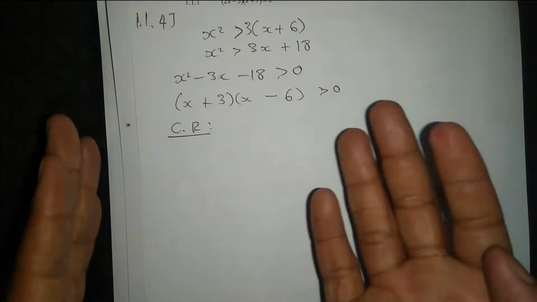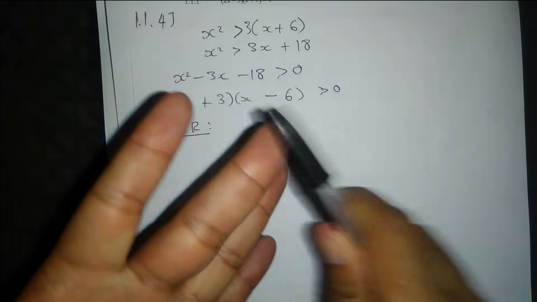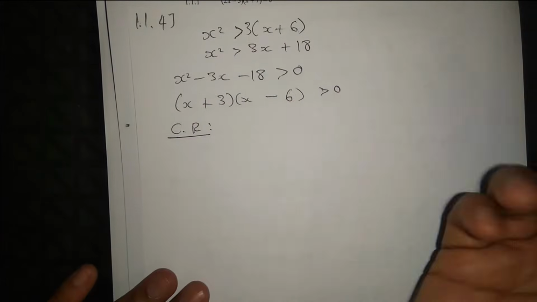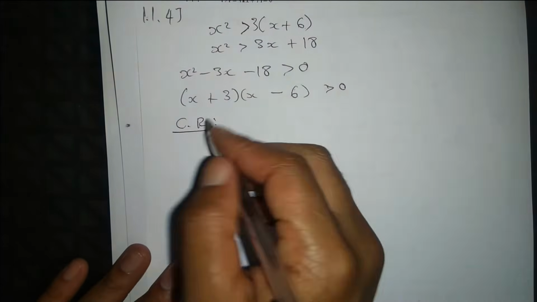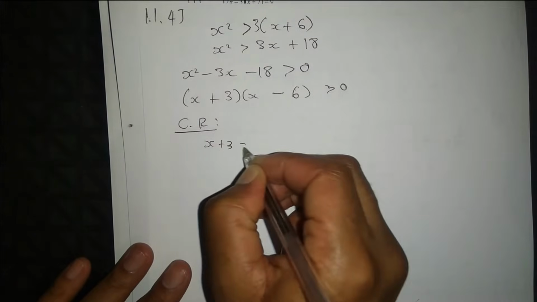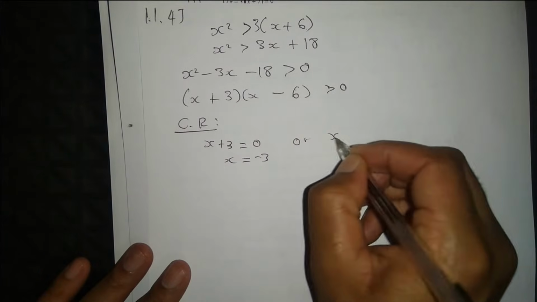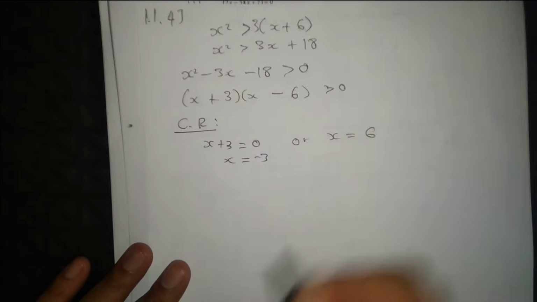There are 3 ways of solving quadratic inequalities: the number line, the graphical method, or the tabular method. So the critical values: x plus 3 equal to 0, so x is equal to minus 3, or x is equal to positive 6.